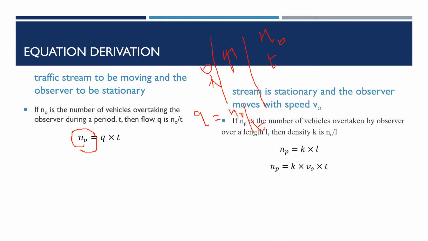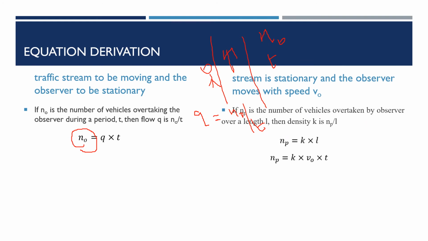Now consider the second case, in which the stream is stationary. Here the stream is not moving, it is stationary, and the observer is moving at a speed of V0.